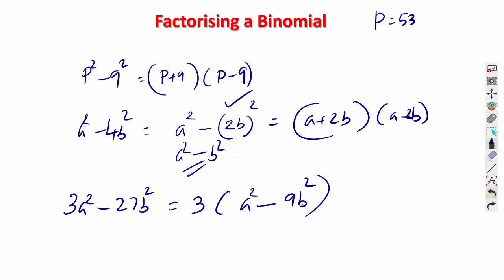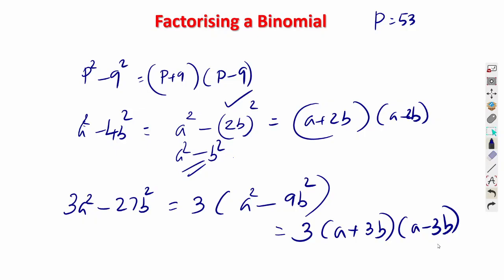Even then, how will we write that? This can be written as 3 into a plus 3b into a minus 3b. Why a plus 3b and a minus 3b? A plus 3b into a minus 3b is equal to a square minus b square.